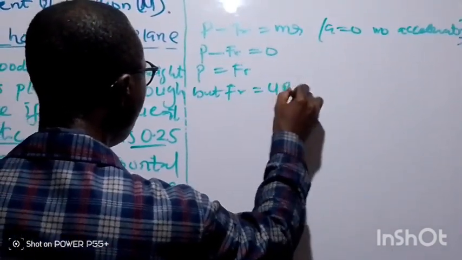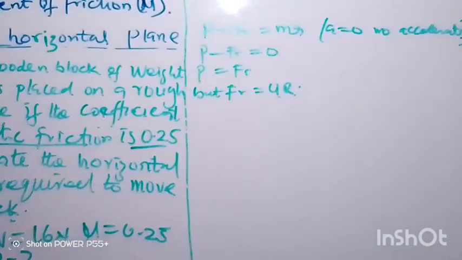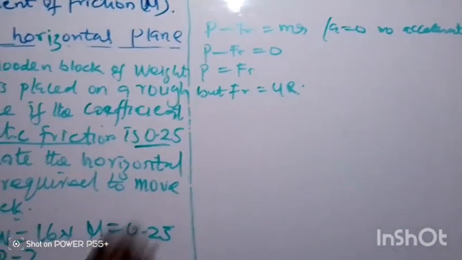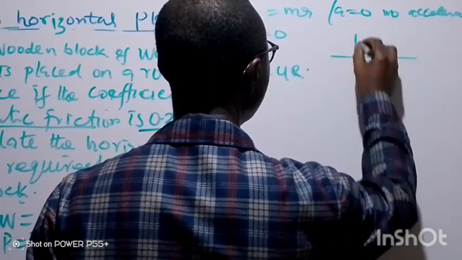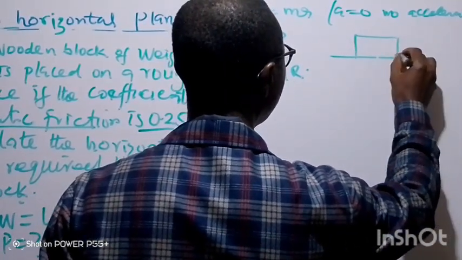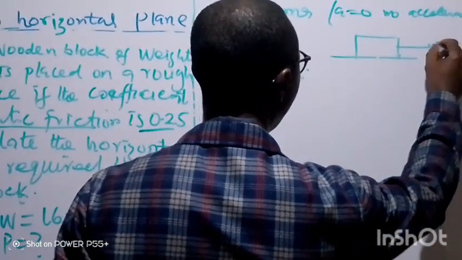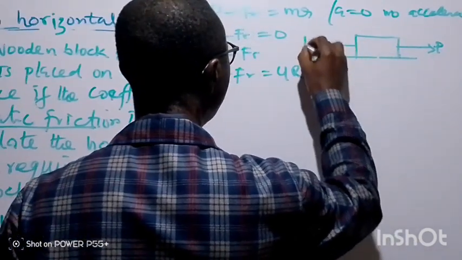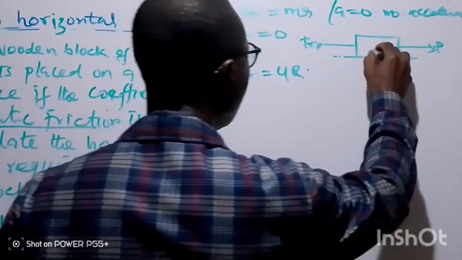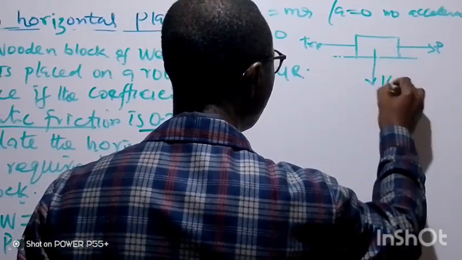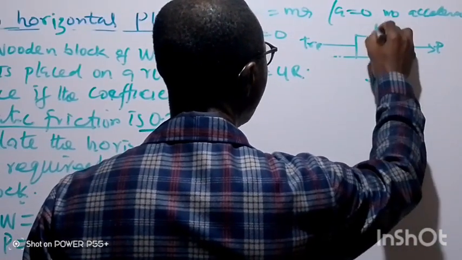Mu is given. Now, if we put it into a drawing, let's say this is the wooden block, this is the applied force, this is the frictional force, then the weight acting downward is given as 16 Newton, and the normal reaction, R, is up.